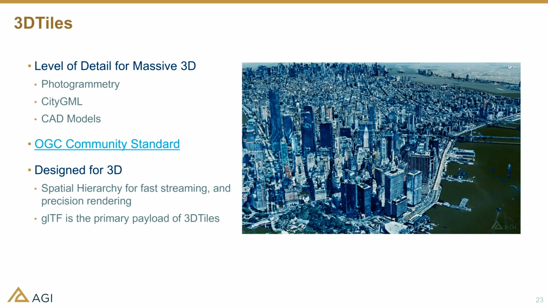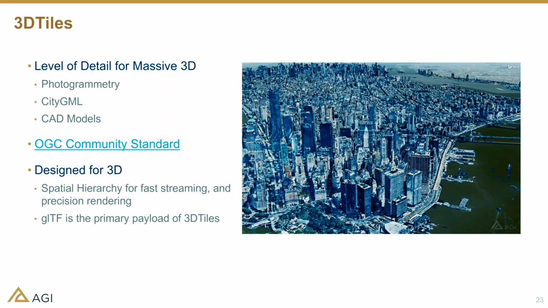Okay, let's go back to the slides here, just to cover a few last points. Massive 3D models often come in the form of photogrammetry, CityGML, and also CAD models.